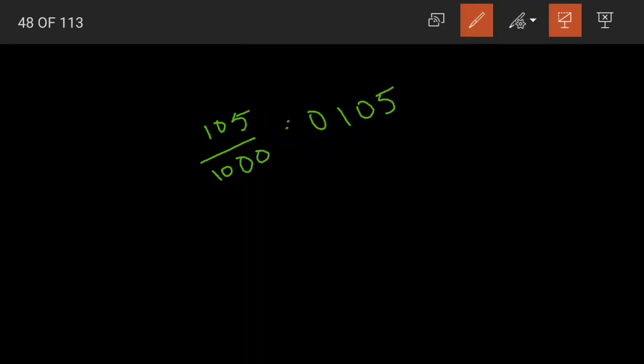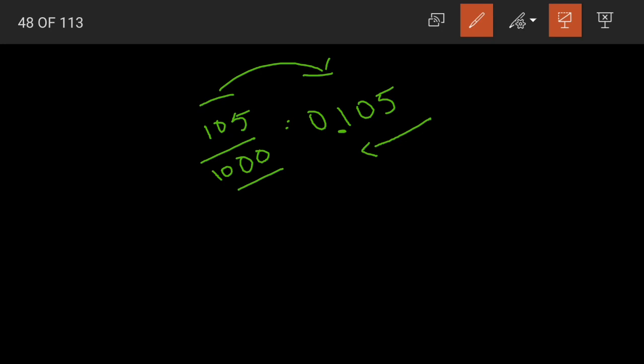So 105 is now written as 0105. Now coming to the denominator 1000, it has 3 zeros. So after 3 digits from the right we'll place a decimal point. So 0.105 becomes our decimal number.